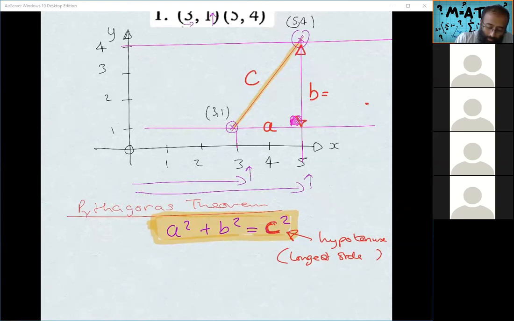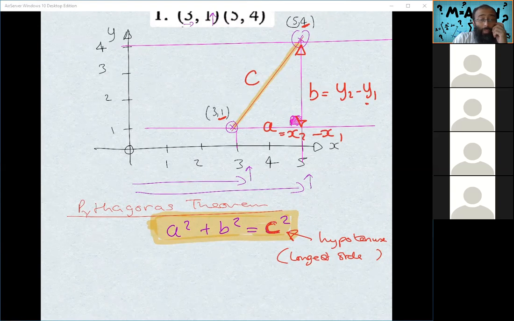Asad: You do Y2 minus Y1. Y2 is over here and Y1 is over here. Okay, so Asad, how do I work out A, the length of the base? X2 minus X1. Fantastic. So now we have to put those back into the formula over here.